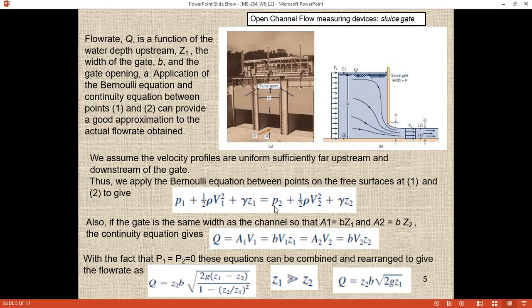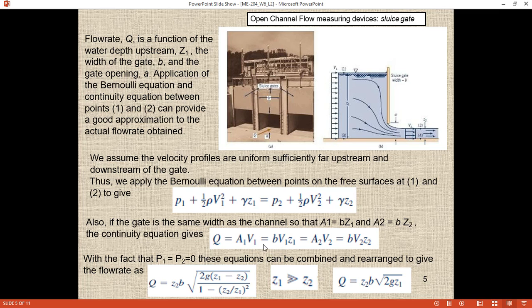And at the same time we can apply the continuity equation. Whatever amount of fluid is reduced here, the same amount of fluid will pass out from here. So we apply the continuity equation: Q is equal to A1 V1.